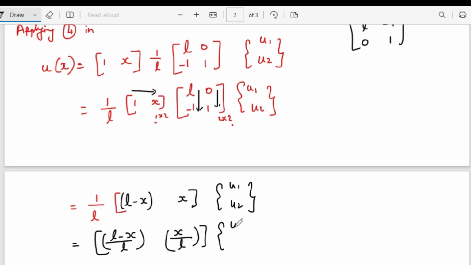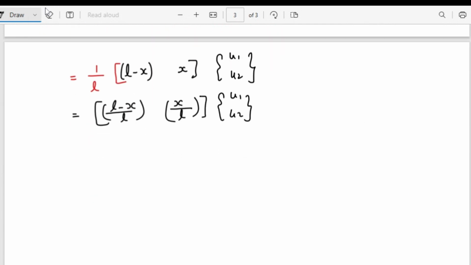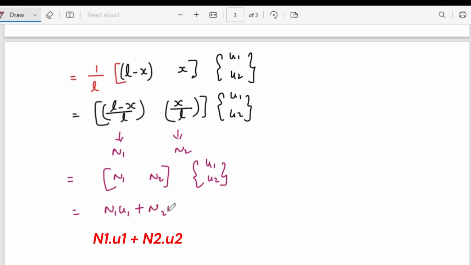As a final step, we are just trying to name these as n1 and n2. So I can write it as n1 n2 into u1 u2. If we multiply it, we have n1 u1 plus n2 u2.